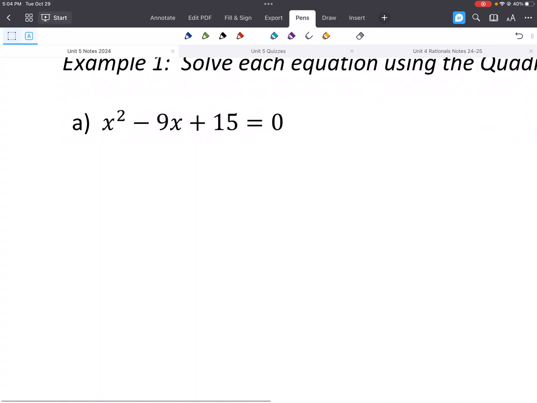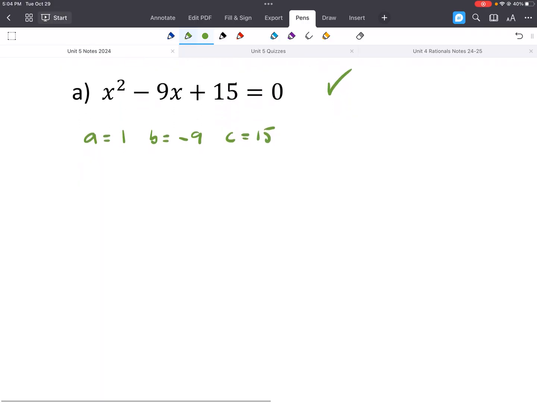So first off, this is in standard form. Check. Perfect. Let's identify A, B, and C. So here A is 1, B is -9, and C is 15. Okay, so we'll plug that into the quadratic formula.